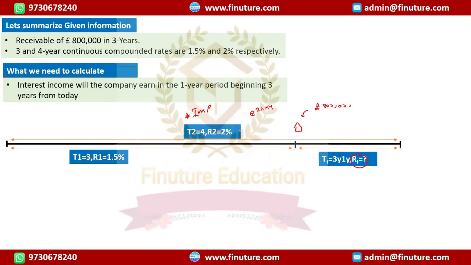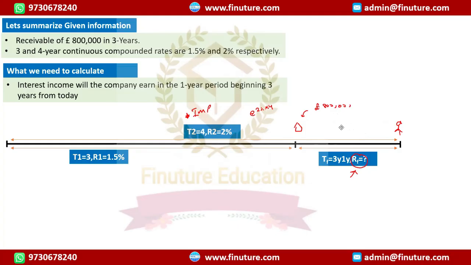But this is the problem statement: 4-year rate 2%, 3-year rate 1.5%. The company is going to receive 800K here and will invest this 800K for this year. What would be our earning here? That's the problem statement. Calculating this rate and compounding 800K at that rate for the next 1 year is not a big deal; we can calculate it easily.